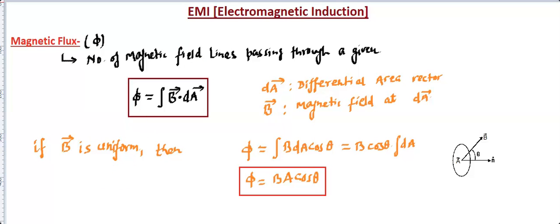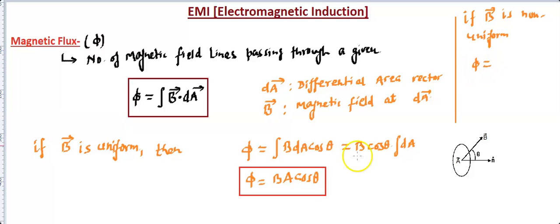Now one more simple point we can add here. Sometimes you will find that B is not uniform. So if B is non-uniform, in that case we need to say the flux will be given by the original formula itself.